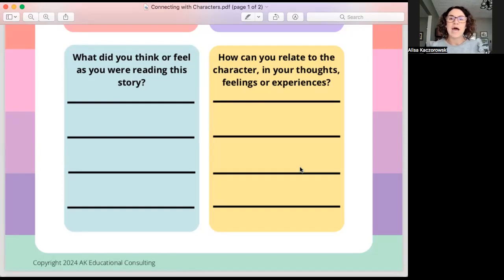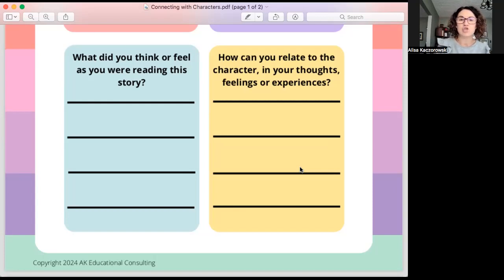So we're asking them, as you were reading this story and the character was experiencing this thing, what did you think? How were you feeling? And then how can you relate to that? Have you had any similar experiences or similar thoughts or feelings? And if you have, then how did you feel? If you haven't, how do you think you would feel in that situation?